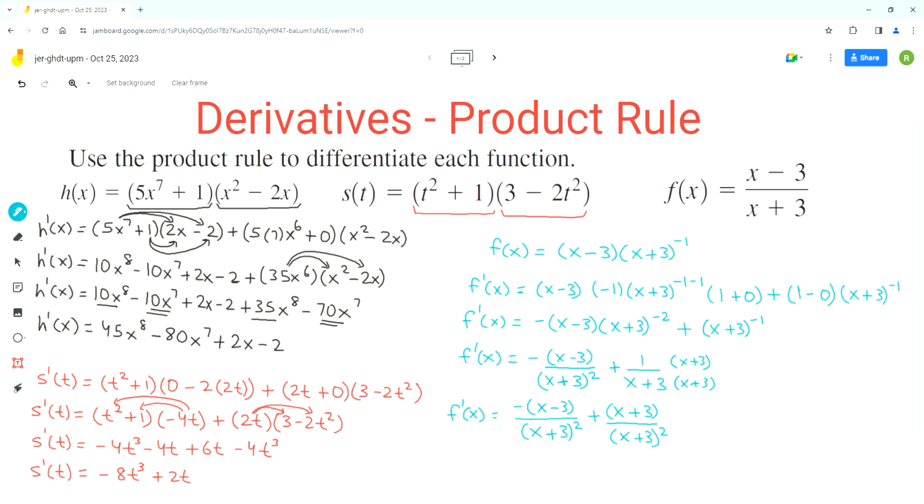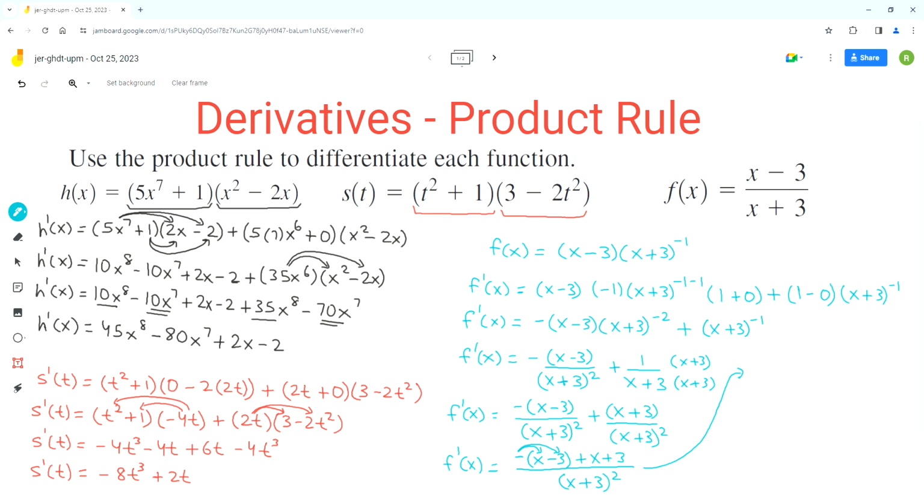So now we can combine the fractions. So we get f prime of x equals negative x minus 3 plus x plus 3 over x plus 3 squared. Now we can distribute the negative sign in the parentheses and get rid of the parentheses.